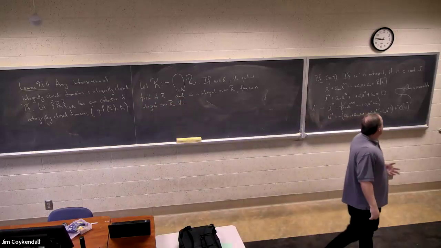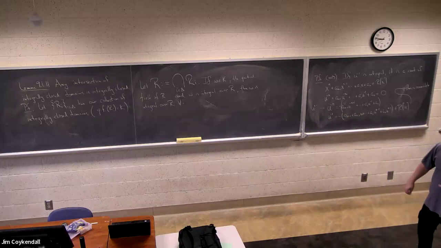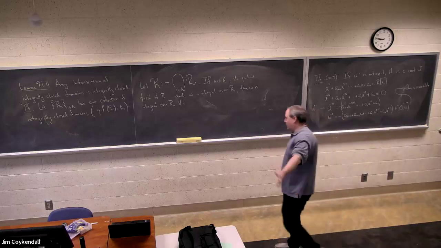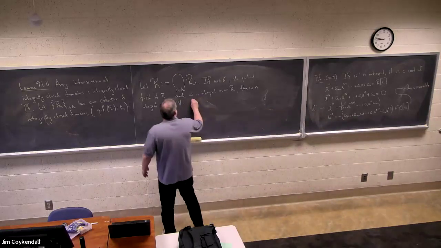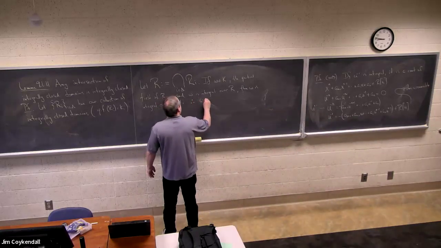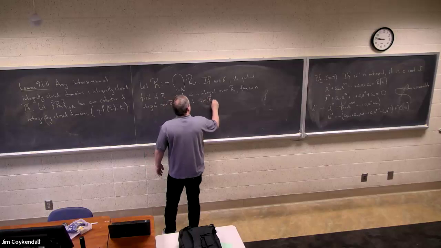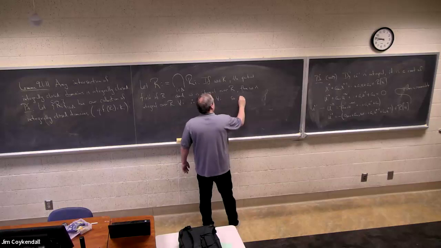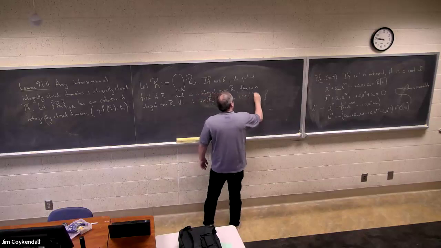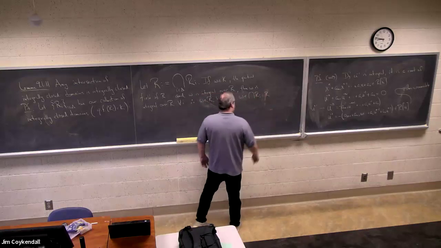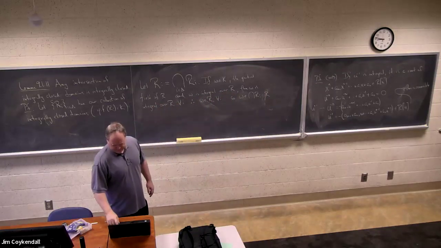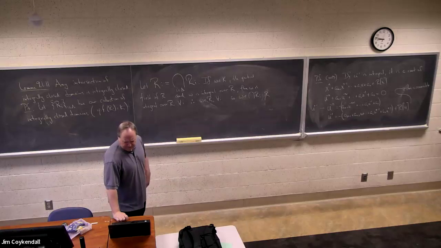So if omega is the root of some monic polynomial with coefficients in R, then it's certainly the root of a monic polynomial with coefficients in any of these R_i's. Therefore, omega is in R_i for all i. So omega is in the intersection of the R_i. And so there you go.